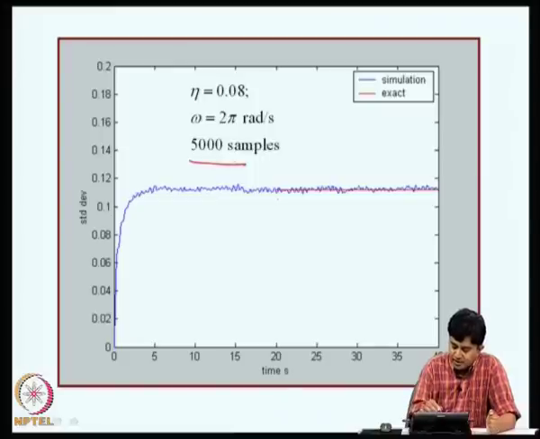I have shown only the steady state solution. The red line here is the exact solution. The blue line here is the estimate of the standard deviation for time varying from 0 to 40, and as you will see, as we reach steady state, the estimate from simulations matches quite well with the exactly known solution.